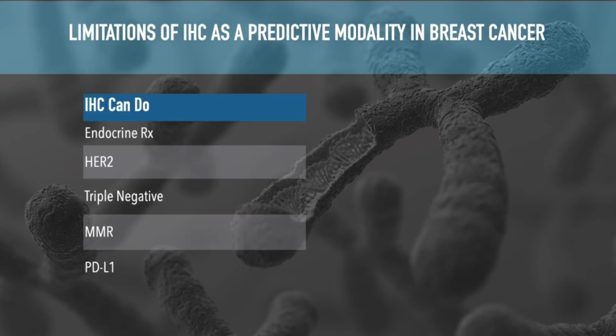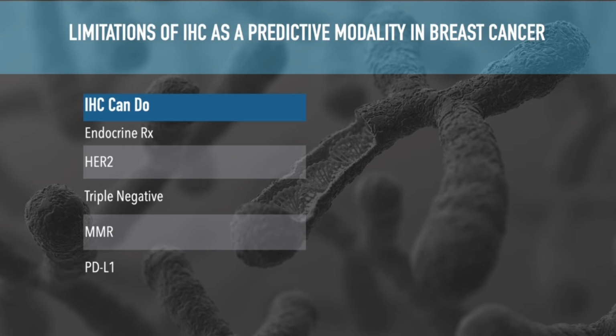Immunohistochemistry can predict endocrine therapy eligibility, can predict HER2 treatment eligibility, and it also can define and determine eligibility in the MMR deficient group of patients, and also the PD-L1 positive group in the triple negative category.